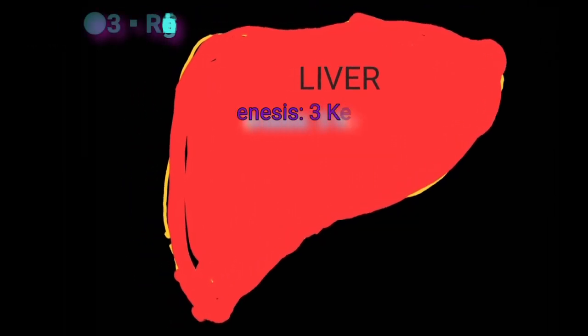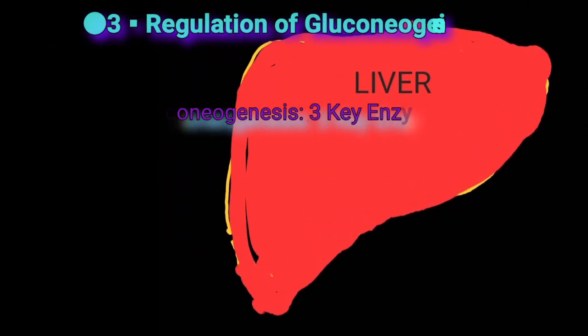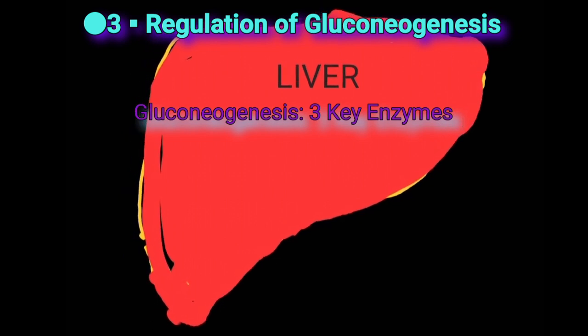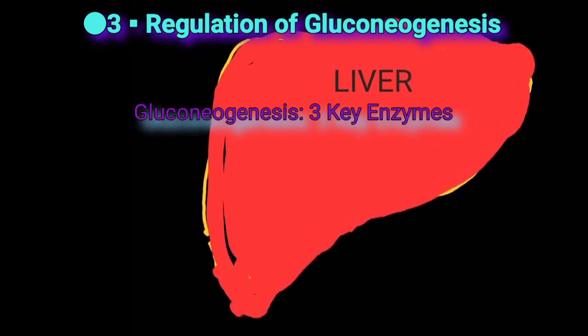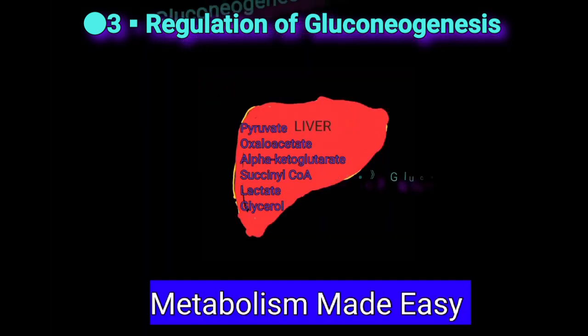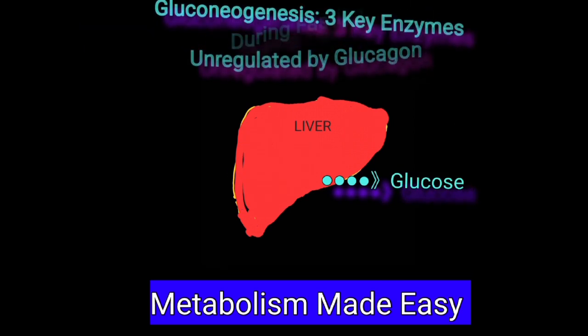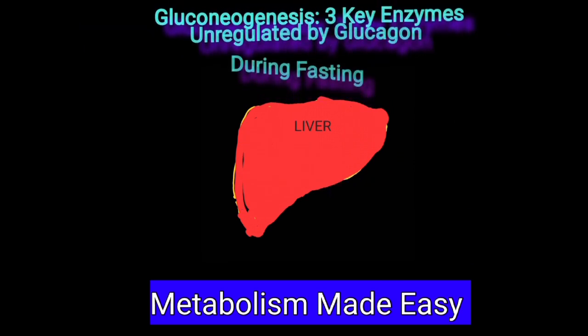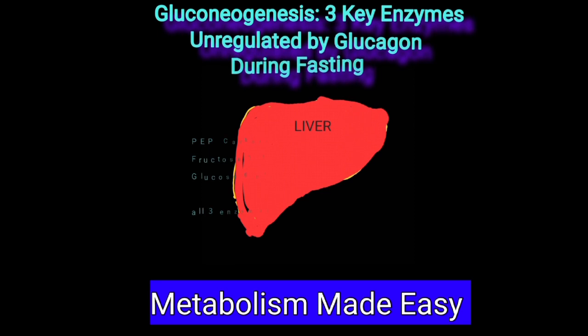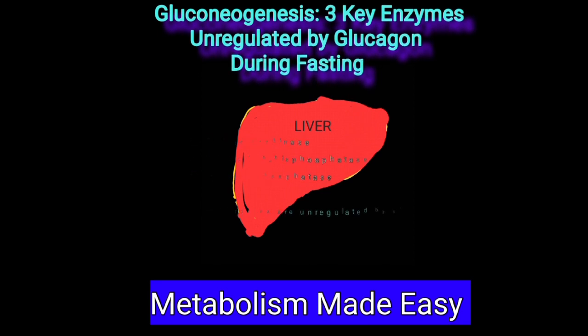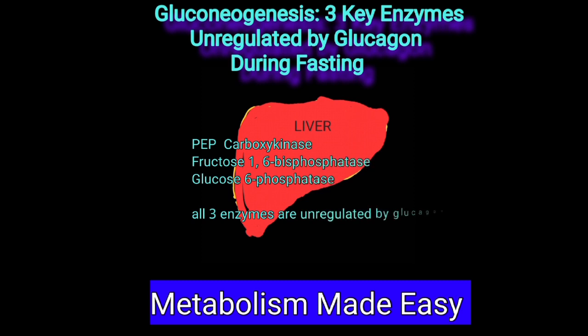In gluconeogenesis, there are 3 enzymes that are upregulated by glucagon. These key enzymes are PEP carboxykinase, fructose 1,6-bisphosphatase, and glucose 6-phosphatase.